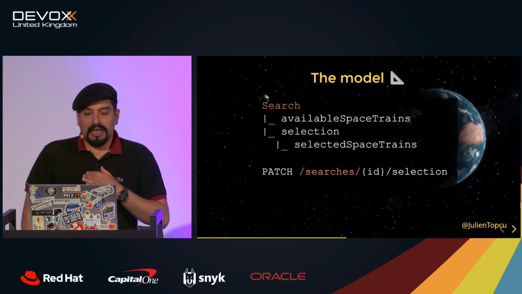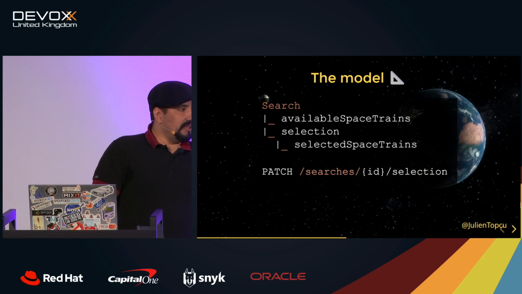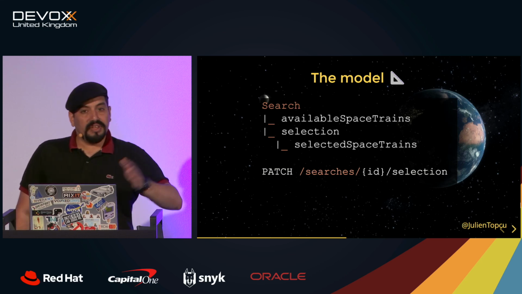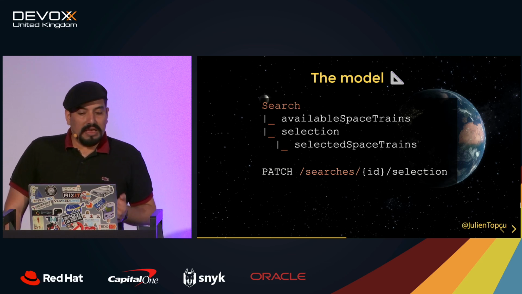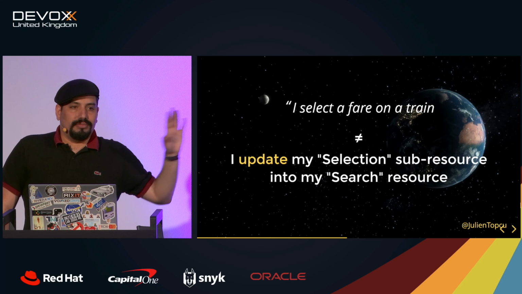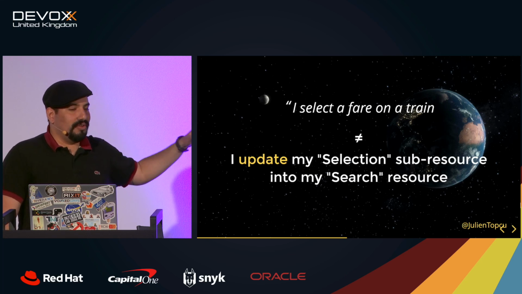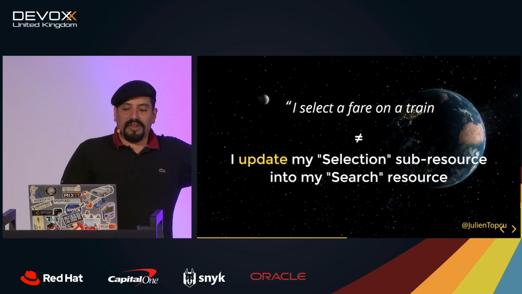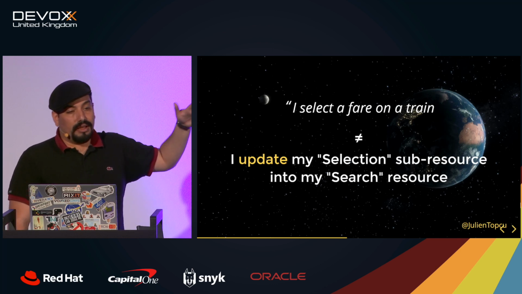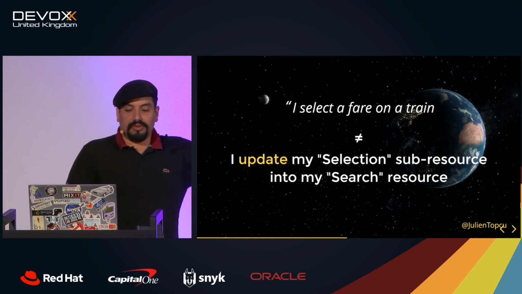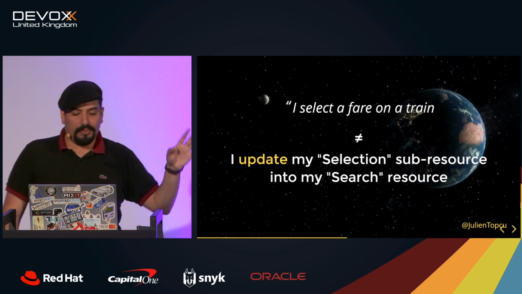For example, if your business domain is not trivial and you don't have any UX researcher, okay, so I think you quite understand that the user wants to select a fare on the train and you are exposing update selection, sub-resource, and so on, which is not the same thing.